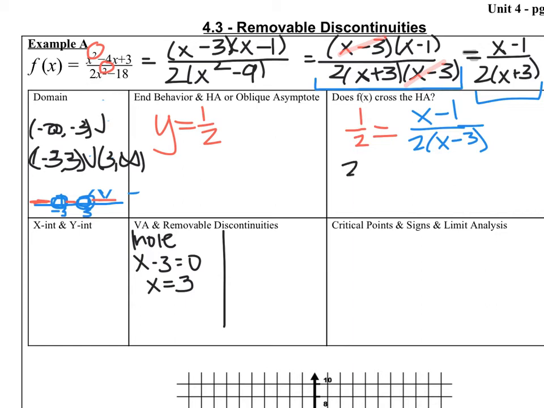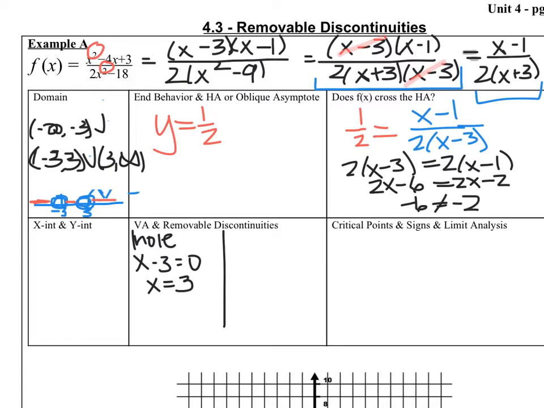So 2x minus 3, just cross multiplying, equals 2 times x minus 1. So 2x minus 6, hello, I promise I can multiply, equals 2x minus 2. So I get negative 6 equals negative 2, which is not true. So it does not cross.